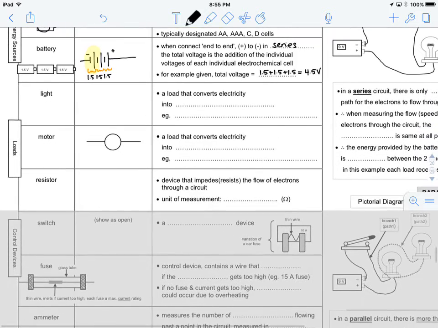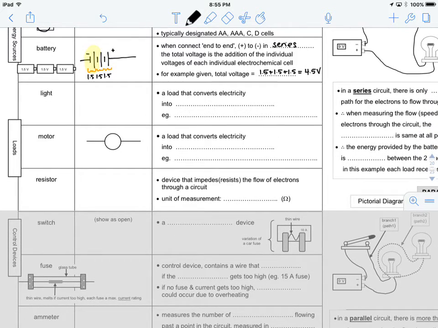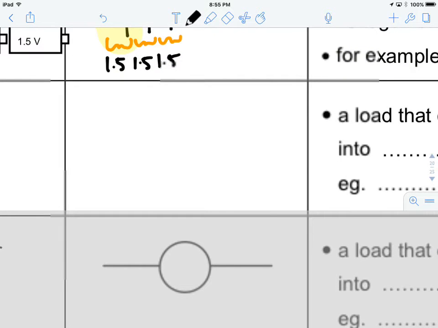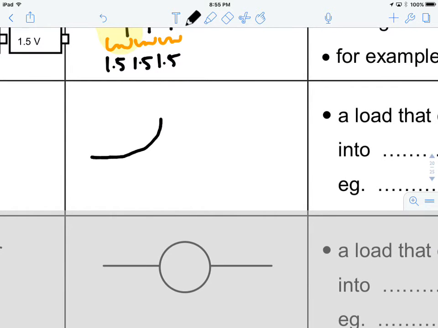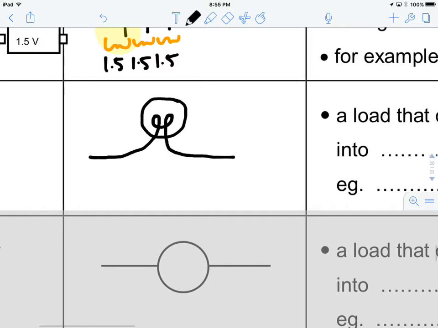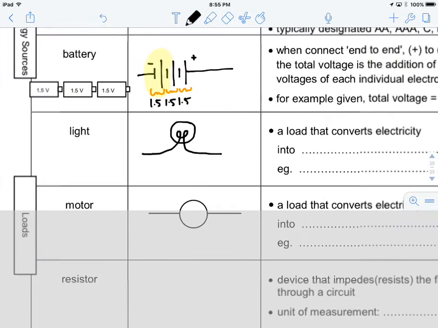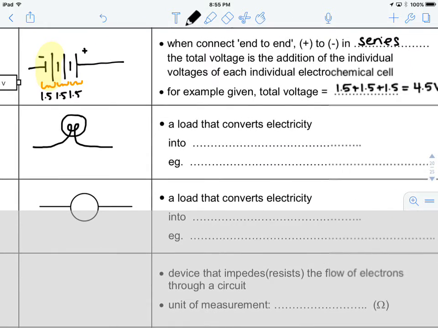All right, so something that is a light, a little lamp, we would draw like this. Okay, so it's a little curly Q and then a circle around the whole thing, and you can see that it kind of looks a little bit like a light bulb. These are just schematic diagrams, so they don't have to look perfect.